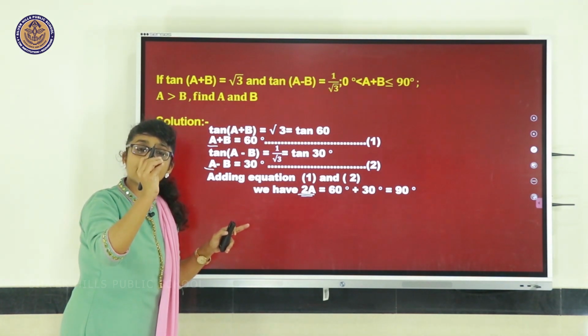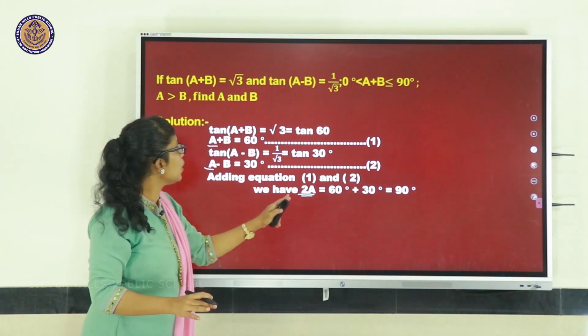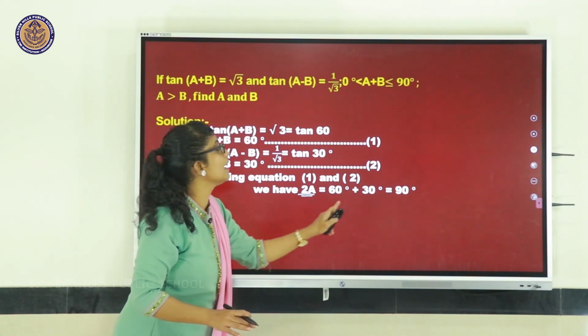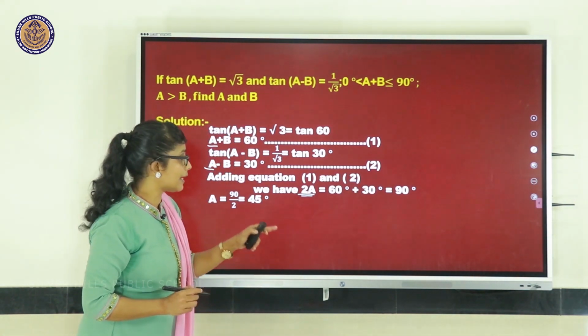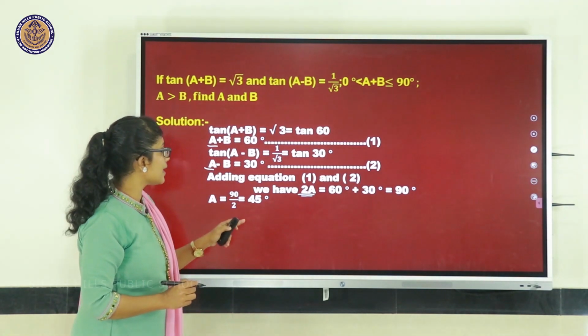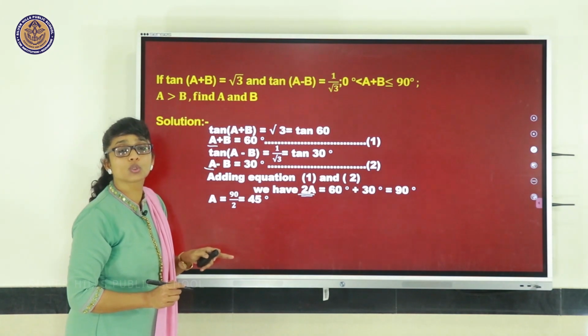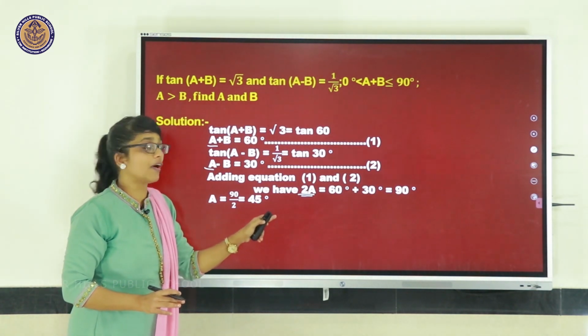Adding a positive number and a negative number, it will be 0. So, 2a equal to 60 plus 30, 90 degree. So, 2a is equal to 90 degree, then a is equal to 90 by 2, that is equal to 45 degree. A equal to 45 degree.